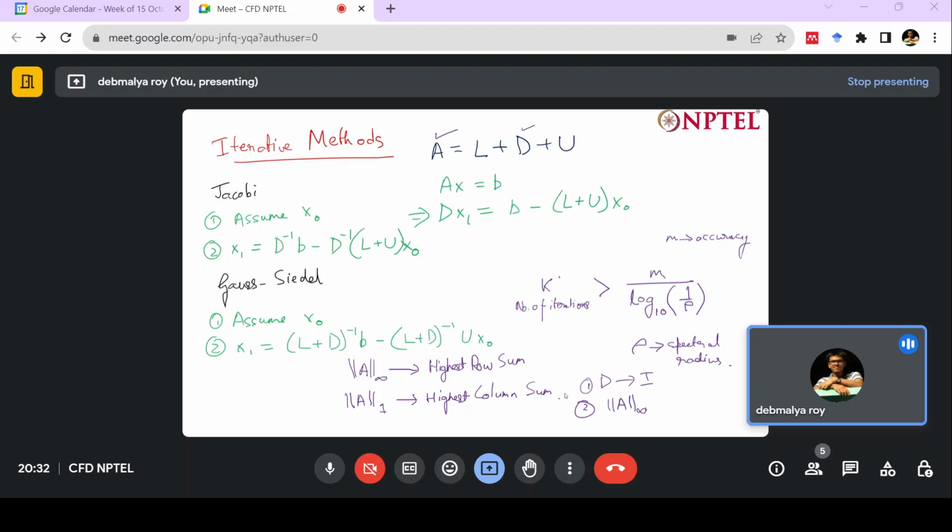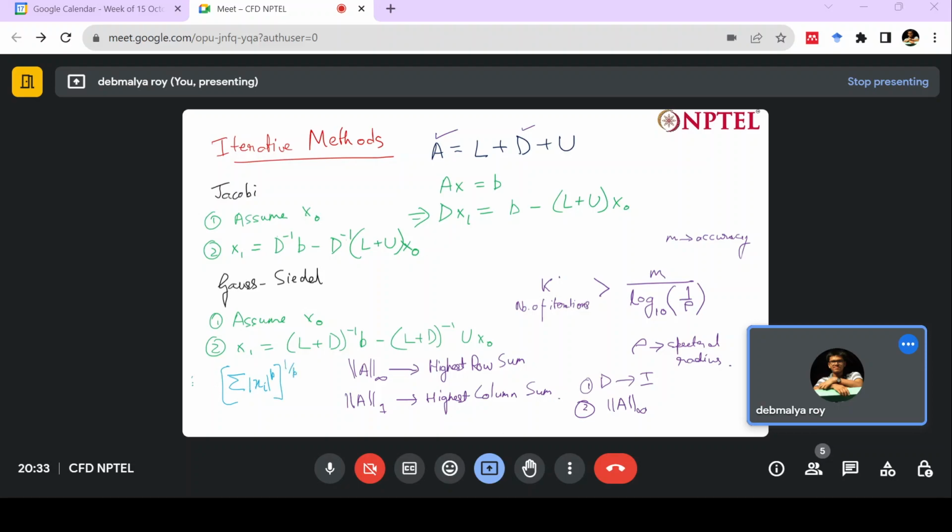For a vector, you can also remember the p norm in general, that is the summation of |xi| to the power p, whole to the power 1 by p.